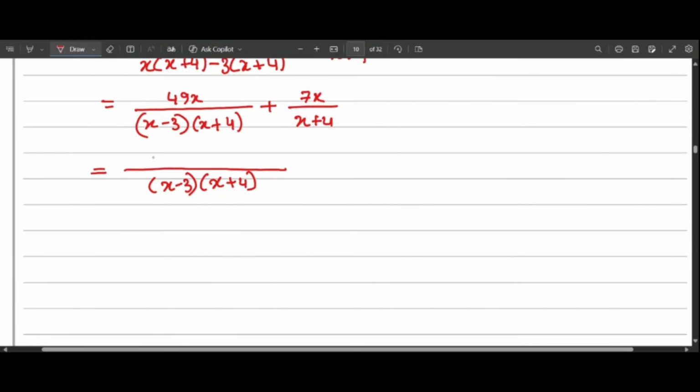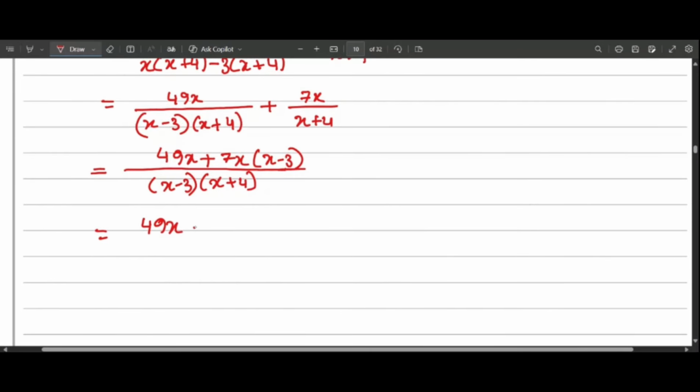Now if I'm going to write the numerator of this combined fraction, I will have to divide by x minus 3 and x plus 4 with it, which will give me 49x, and then doing the same, dividing our LCM by x plus 4, and then multiplying the results with 7x will give us 7x into x minus 3.